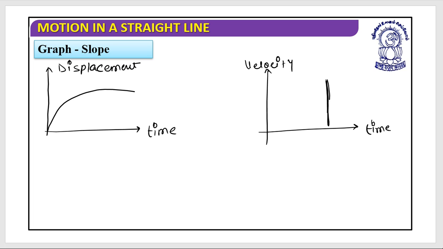Now let's get ready to analyze the slope of this. So what would be the slope? It's delta x, let's say represent x, and delta t. So their slope will be velocity. Let me write this. Their slope is velocity. Now what does this graph represent about the velocity?